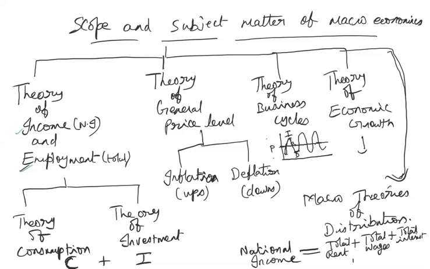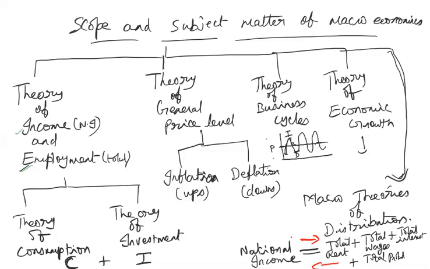And finally, whatever is left over is the total profit for all the producers in the country. Now, this is how the national income of the country is distributed. This is the macro theories of distribution. So national income is distributed in the form of rent, wages, interest, and profit. The other way, if you add all this rent, wages, interest, and profit of the entire country, then you will arrive at the national income of the country.